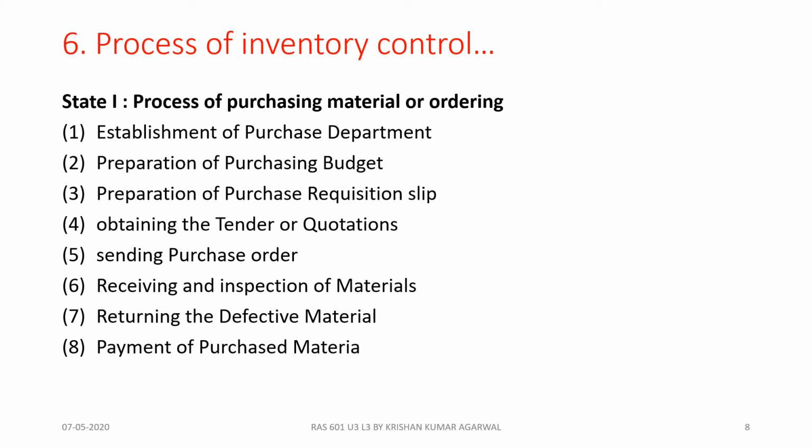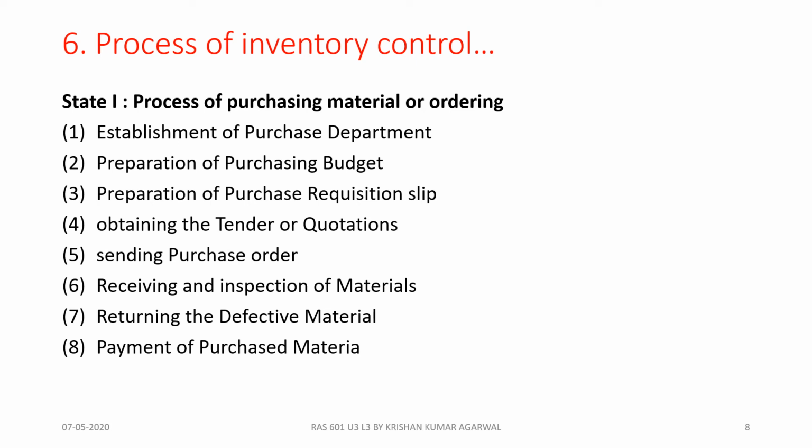They have to prepare the purchasing budget and generate the purchase requisition slip. Further, they have to invite the quotations, invite the prices for the raw material through proper tender, and send the purchase order against the quotation provided by the suppliers.